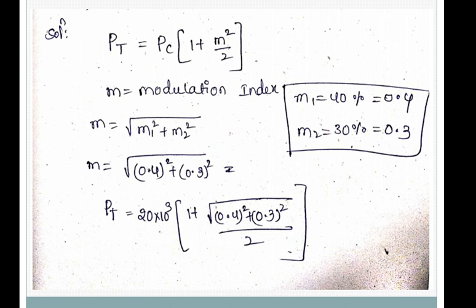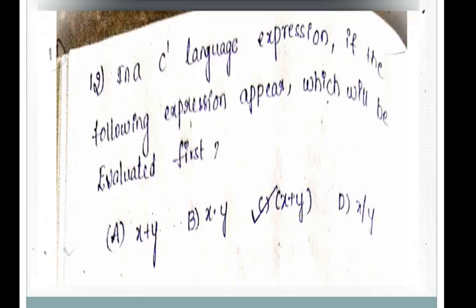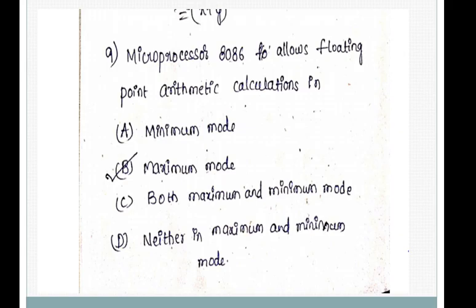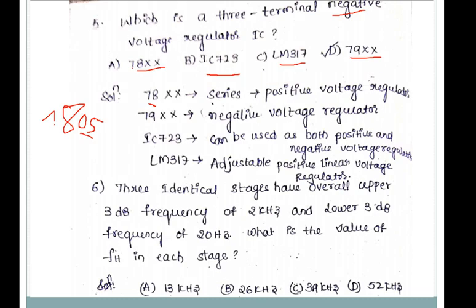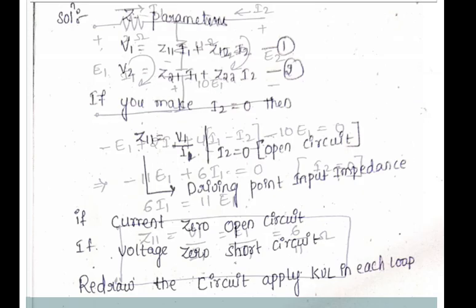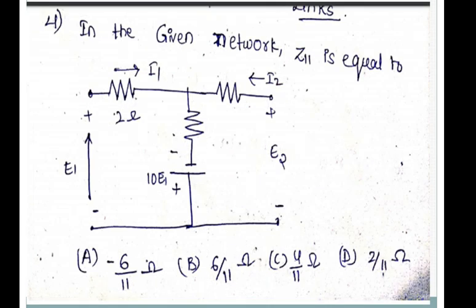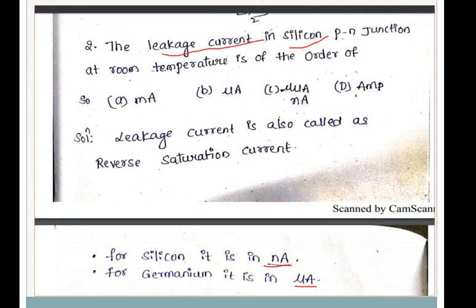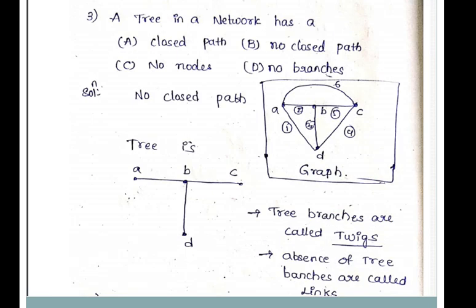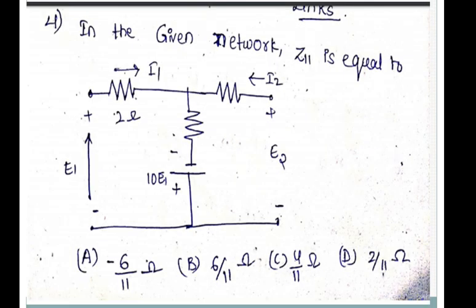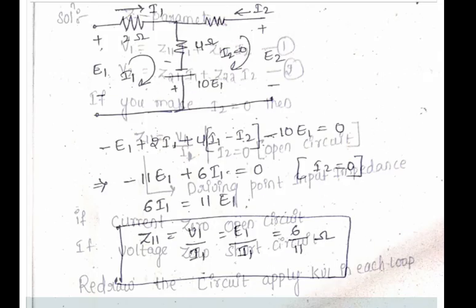So here you need to remember the formulas. The first formula is ID equals IDSS (1 minus VGS by VP) whole square, in order to calculate the drain current. The second one is about silicon current: the leakage current of a silicon PN junction diode is in nanoamperes. The third one is that a tree in a network doesn't have any closed path. The fourth one is related to impedance parameters in networks.